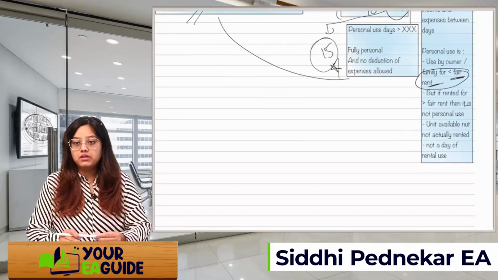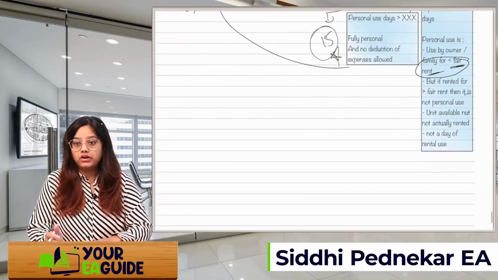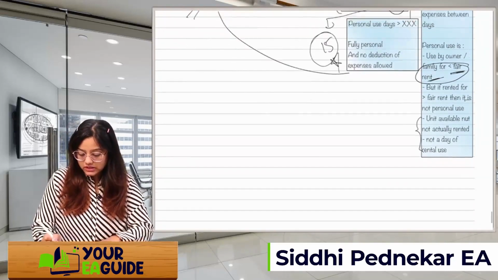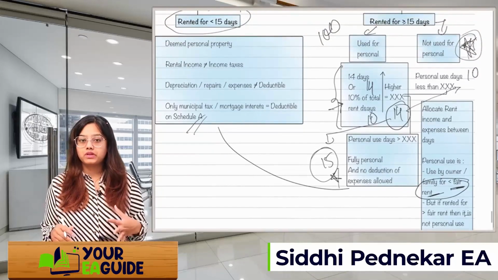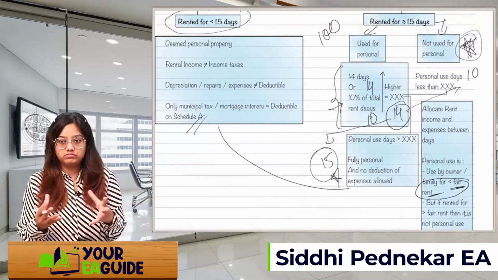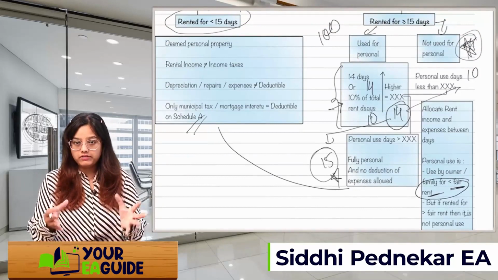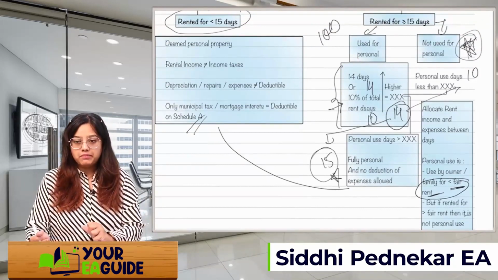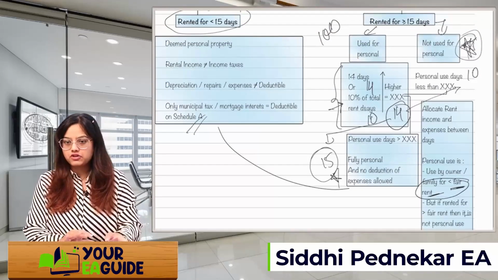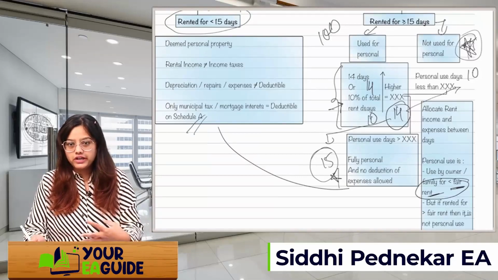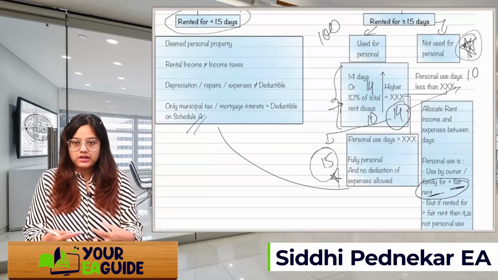Then there is a unit that is available and not actually rented, and not counted as a day of rental use. See, what happens? For example, I have a well-developed property. My friends and family will ask for 2 or 3 days for conducting parties or some events.